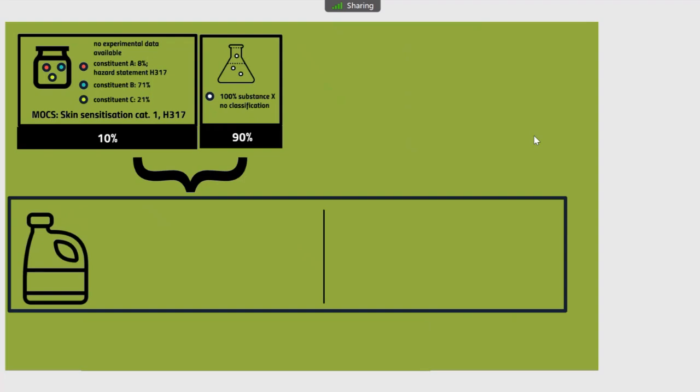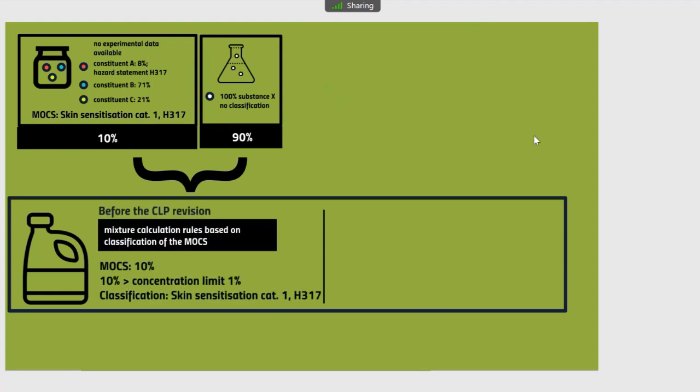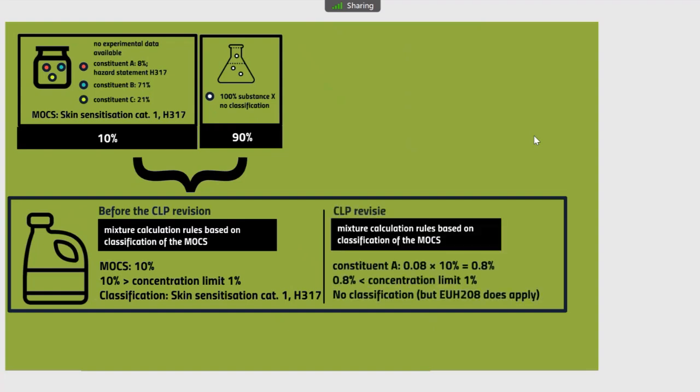So if we look at the situation before the CLP revision was in place, we would have to use the mixture calculation rules based on the classification of the MOCS itself. So if we look at the MOCS, it is present for 10%. That is higher than the concentration limit of 1%, and therefore the product would be classified for skin sensitization. However, with the new CLP revision, we see that the mixture calculation rules are based on the classification of the constituents.